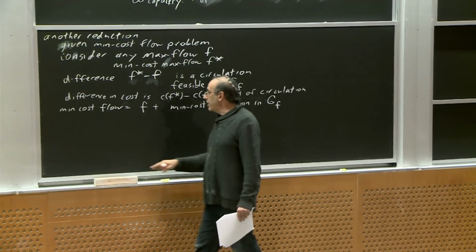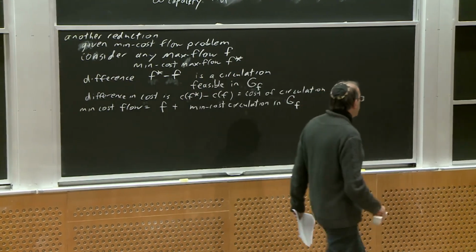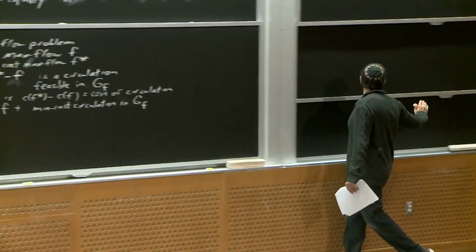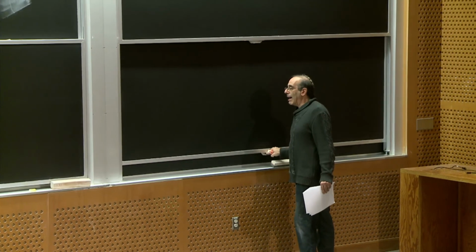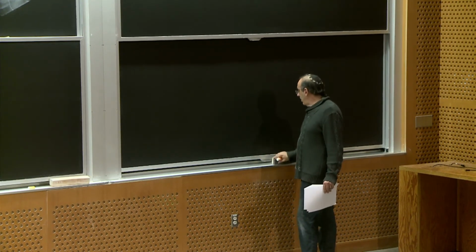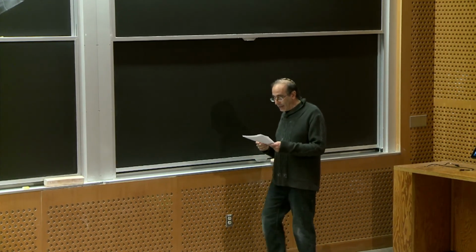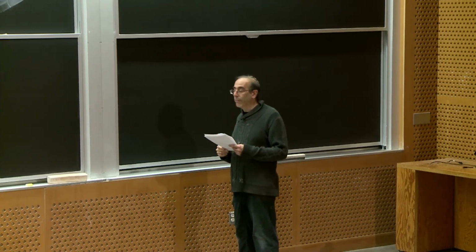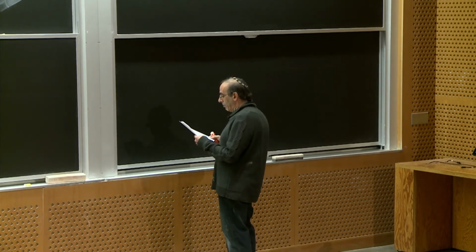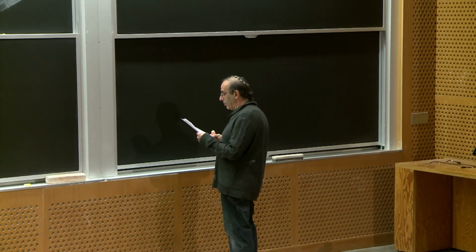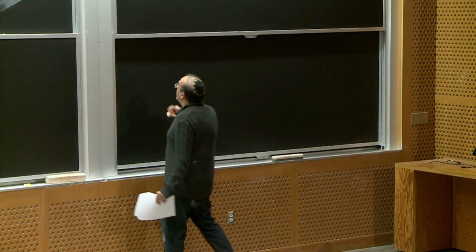So we can really focus our attention on finding min-cost circulations, and for a lot of this topic we will. There are other times, though, where it's useful to go back to talking about min-cost flows. And so we'll do that when it's suitable.